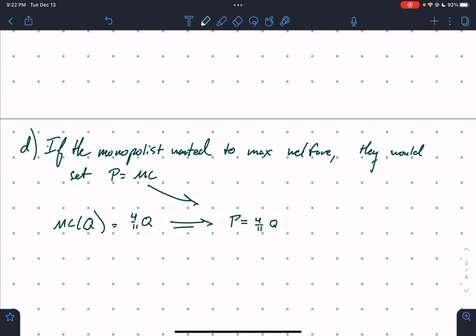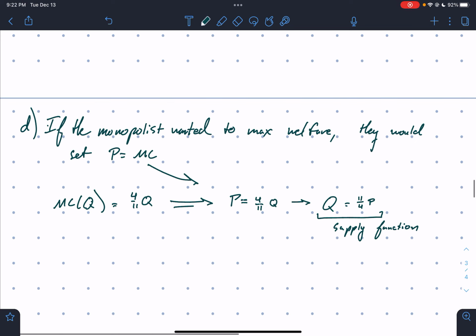So this is essentially what the price is going to be as a function of Q. In other words, we could write Q as a function of P. And this gives us a supply function. And what we're going to do is set the supply function equal to demand.